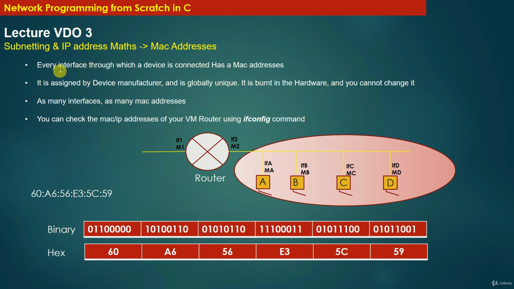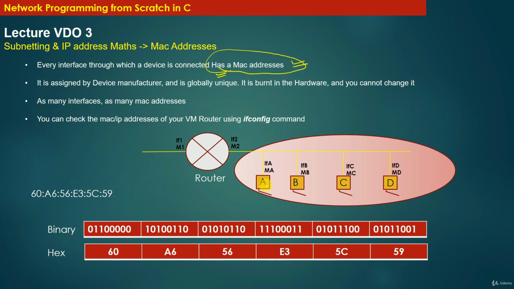Every interface through which a device is connected has a MAC address. So far we have learned that interfaces have an IP address and mask value configured on them. In addition to the IP address and mask value, the interfaces are also configured with a MAC address.